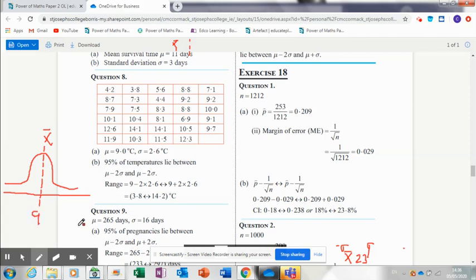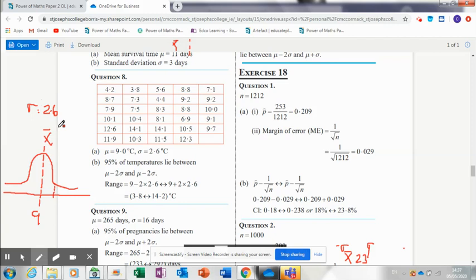And how you get your standard deviation works out to be 2.6. When you work out your standard deviation, you get 2.6.